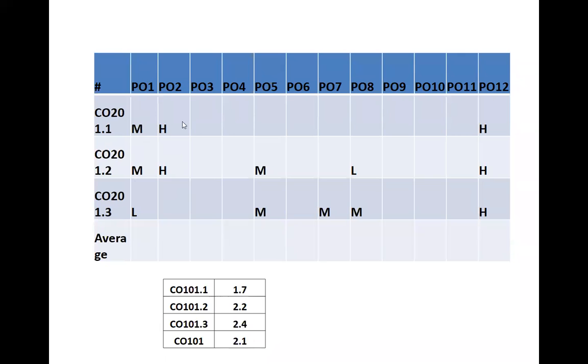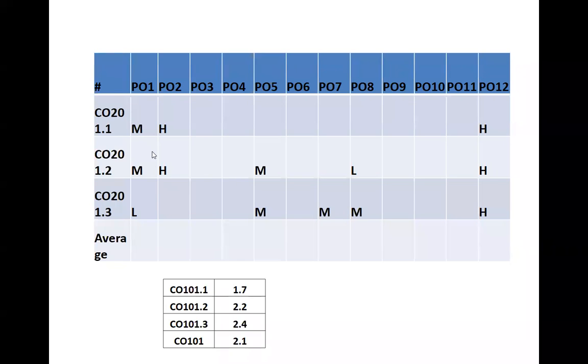These values have to be substituted over here. Initially, you have to map these values to the program outcomes. Then the actual values have to be substituted in these places. This is the amount of correlation between the course outcome and the program outcome.